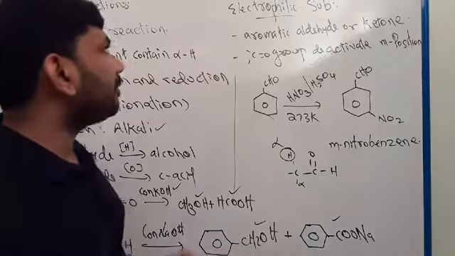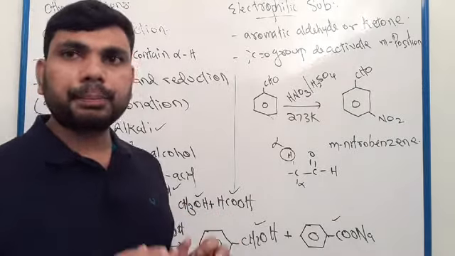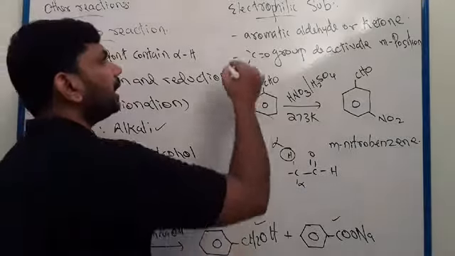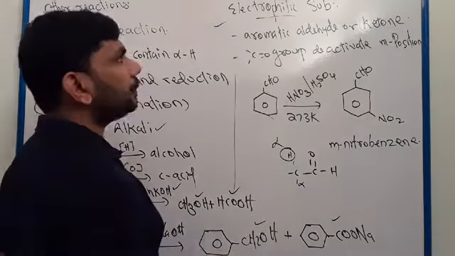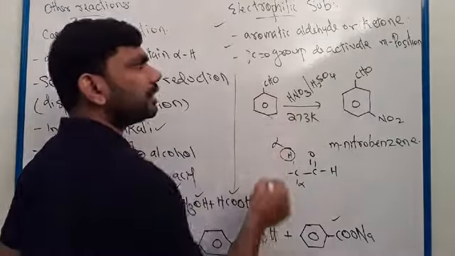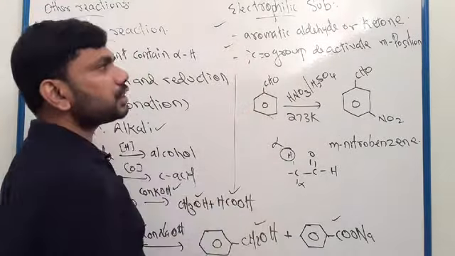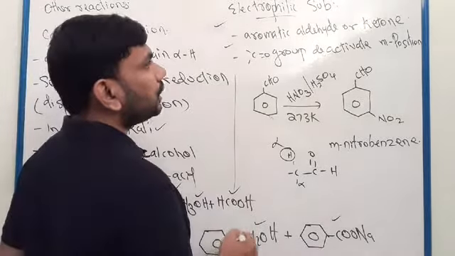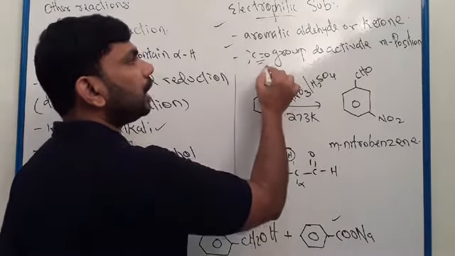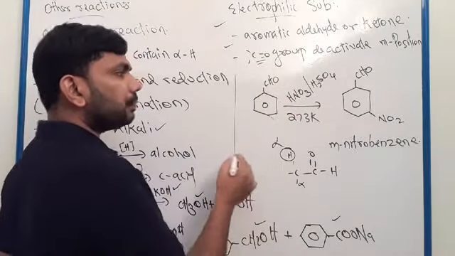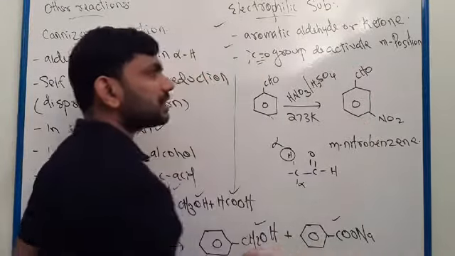Okay, next we have to discuss the last chemical reaction in the aldehyde and ketone part, the electrophilic substitution reaction. Aromatic aldehyde or ketone undergoes electrophilic substitution reaction. This aldehyde or ketone contains a carbon double bond oxygen, the carbonyl group. This carbonyl group deactivates the meta position.